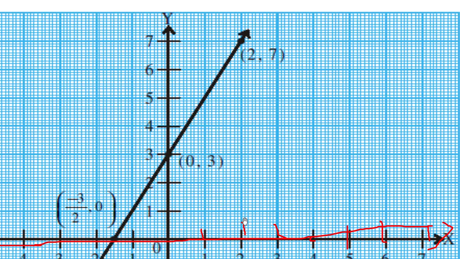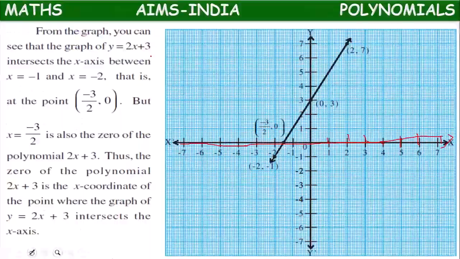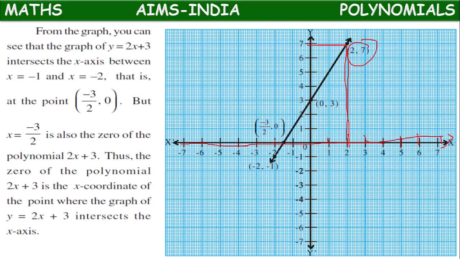The third point is 2, 7, x value 2, y value 7. This is 2, 7. This is minus 2, minus 1. This is 0, 3. Like that, the 3 points we have represented on the graph.